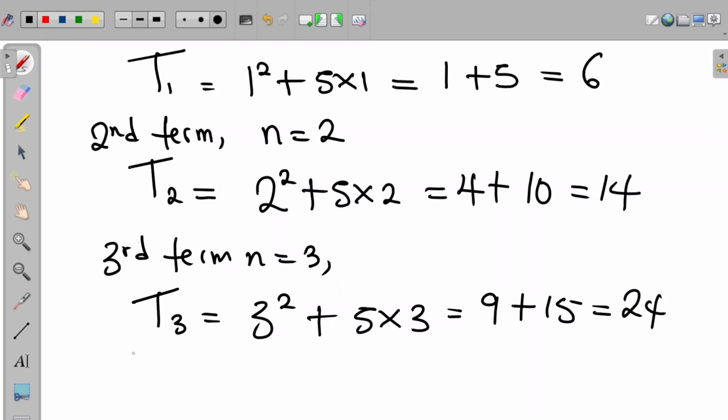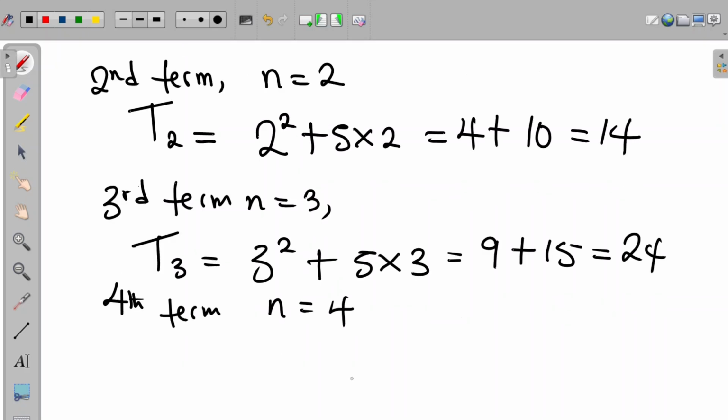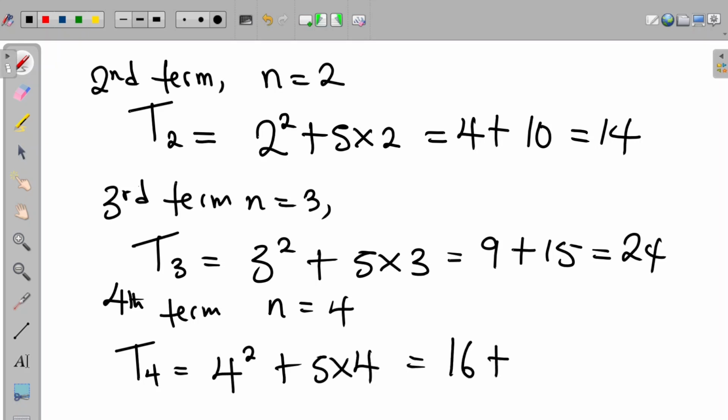And lastly, for the fourth term, n is equal to 4. So therefore, we have that the fourth term is equal to 4 squared plus 5 times 4. 4 squared is 16, plus 5 times 4 is 20. So therefore, 16 plus 20 is giving us 36.